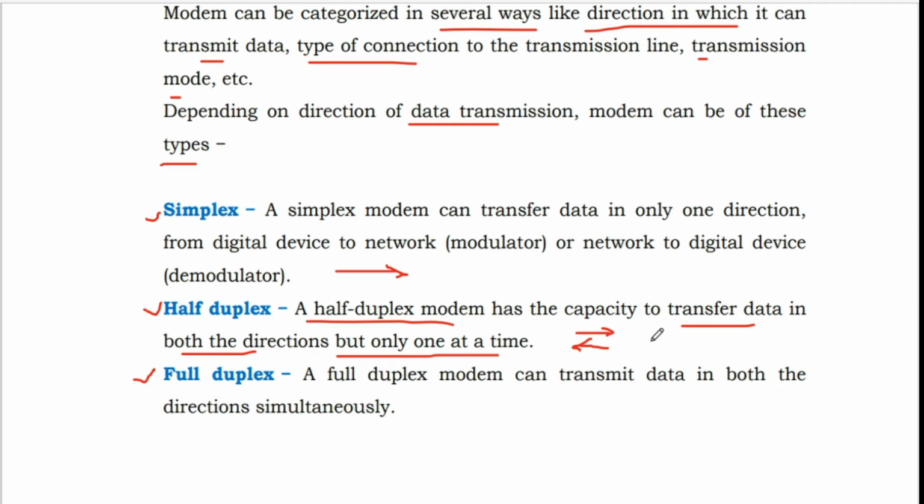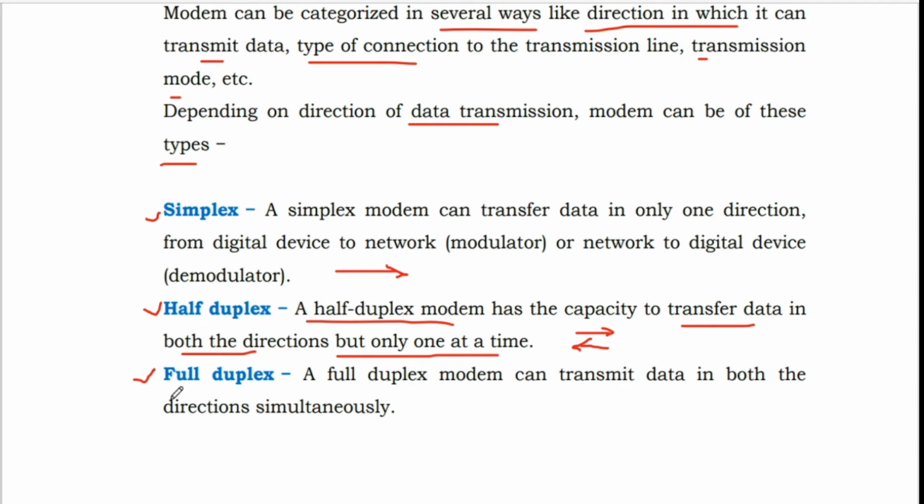Once his information transfer is over, he gives the signal that he is done and it is now your turn to reply. Then the other side will start communicating. You cannot communicate at the same time, and that is what we call half duplex communication.